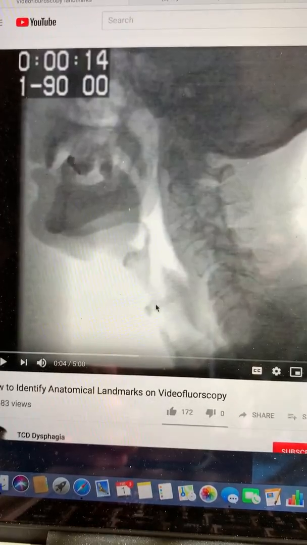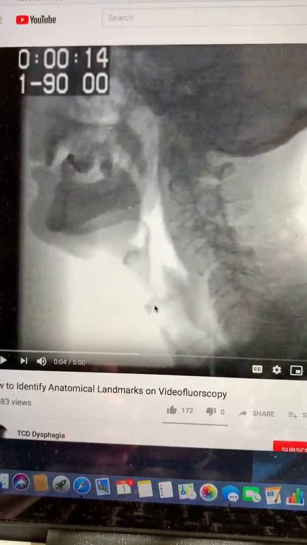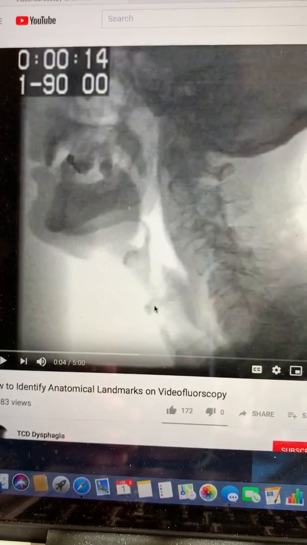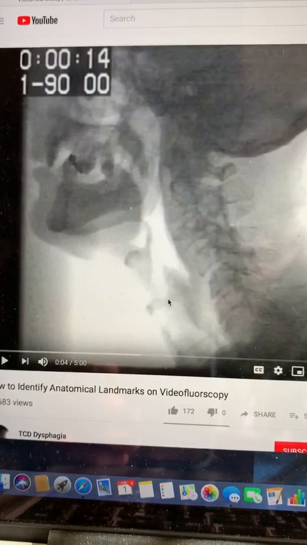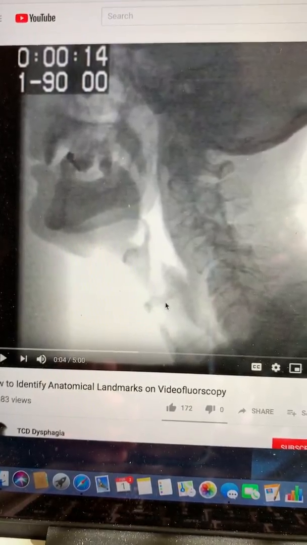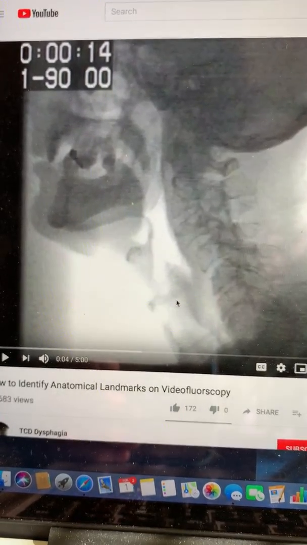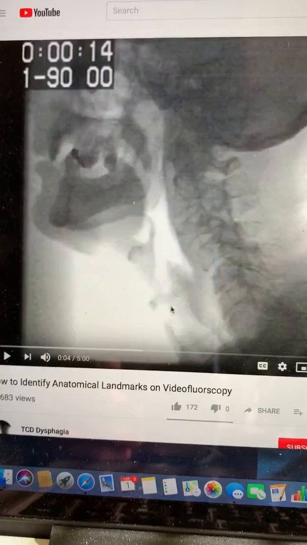This is the false vocal folds, and below that is a small gap that is the laryngeal ventricle, and below that are the true vocal folds.